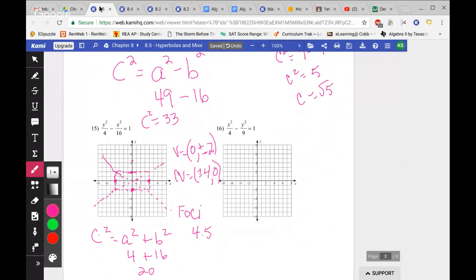And somebody double check me and make sure that that is the square root of 20. I think it is, though. I'm guesstimating. Let's see. Yes, ma'am, it's 4.5.